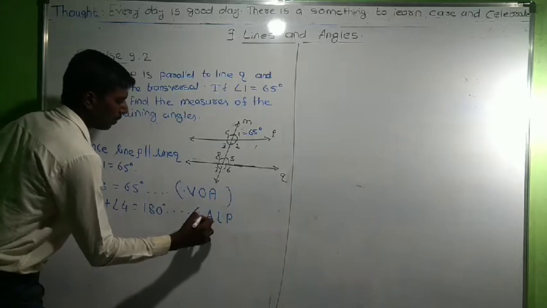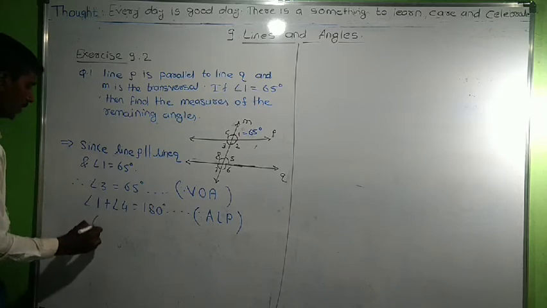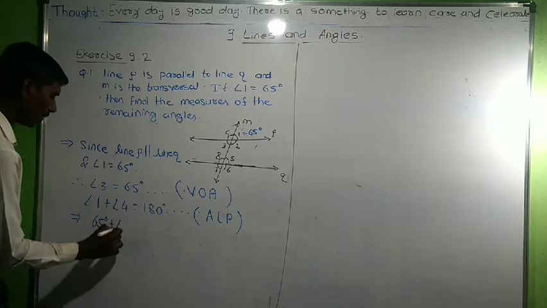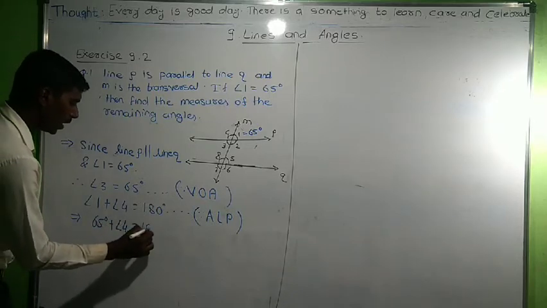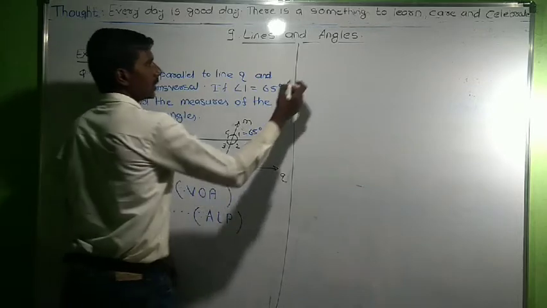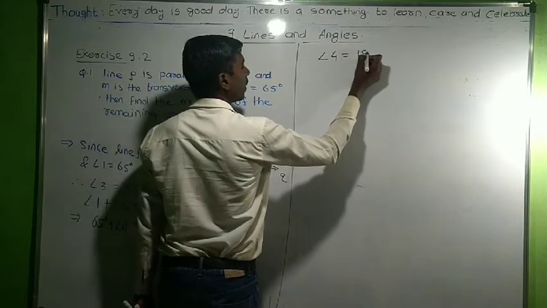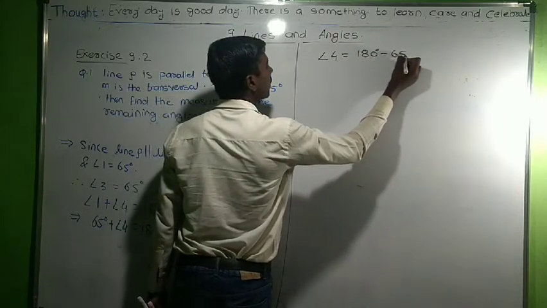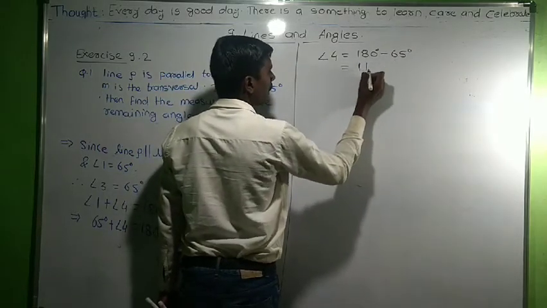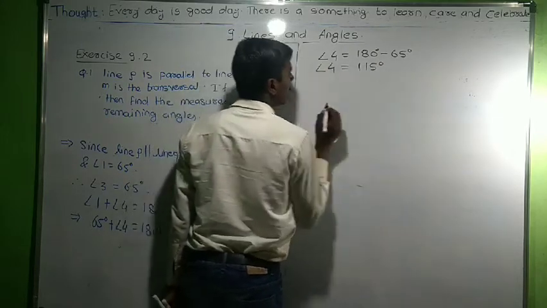Angle 1 is 65, which implies 65 degrees plus angle 4 is equal to 180 degrees. Transferring 65 to the other side, angle 4 is equal to 180 degrees minus 65 degrees, so we get 115 degrees.